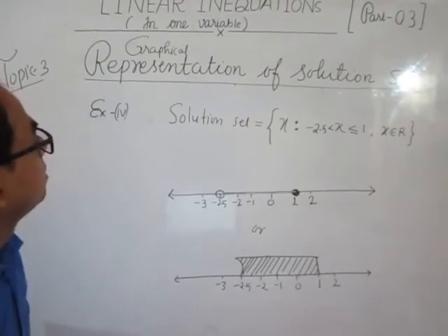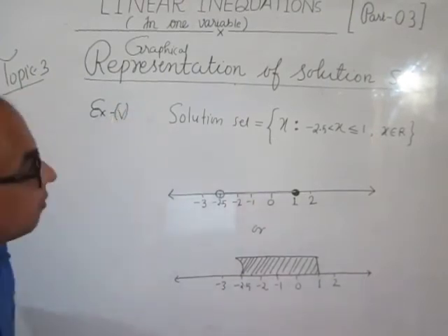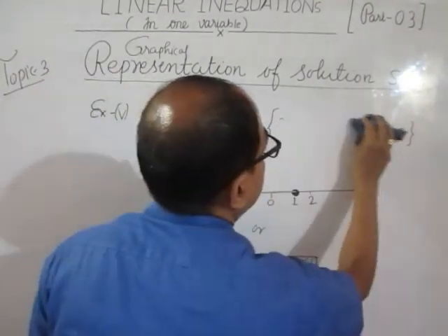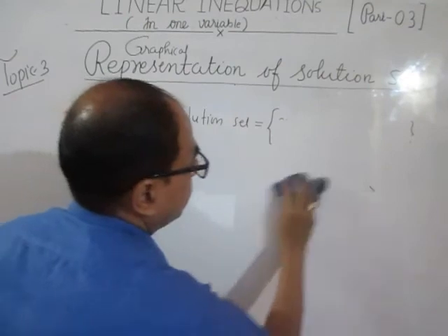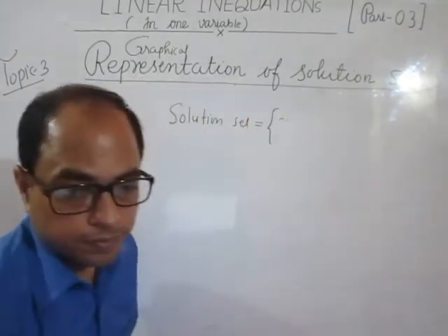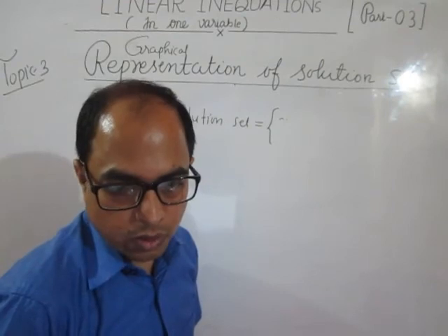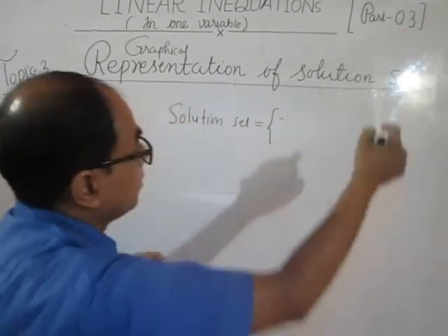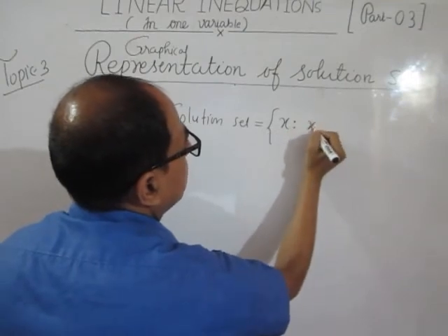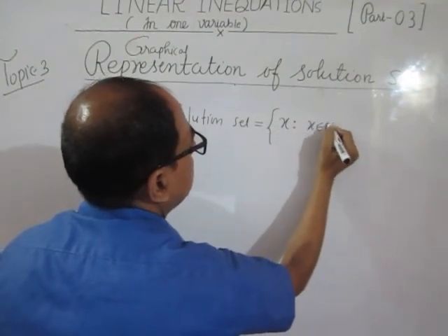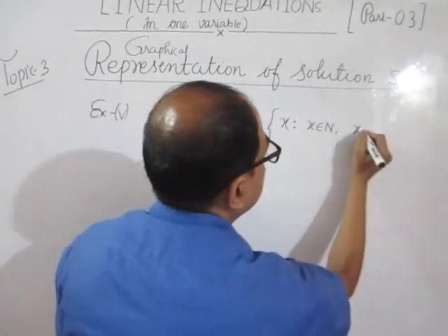Now let us consider another example. Fifth one. Now suppose this time the solution set is given: x such that x belongs to natural number and its range is x less than or equal to 5.